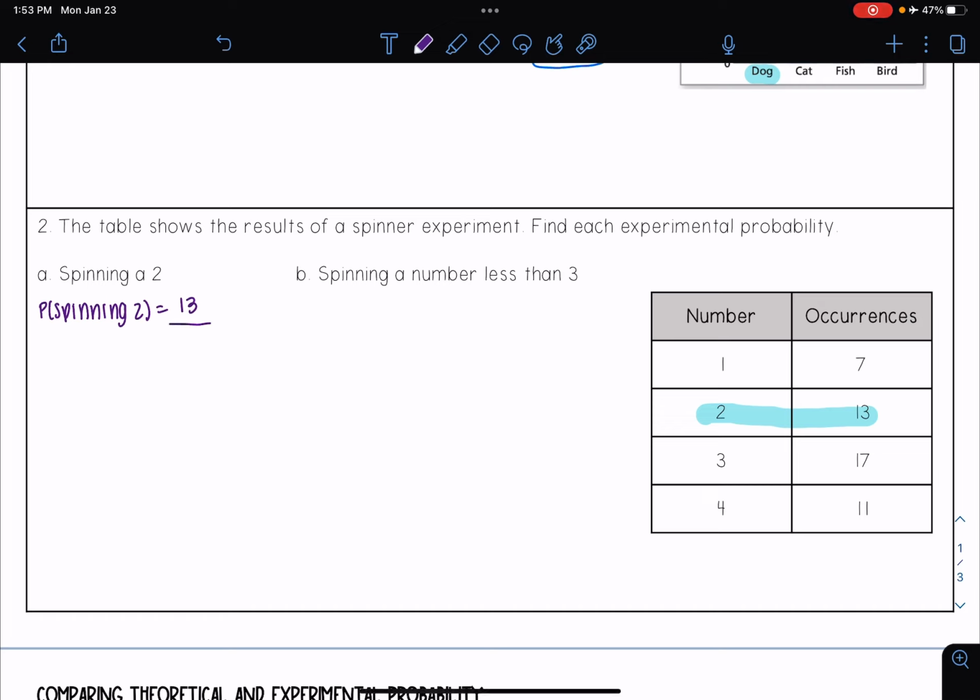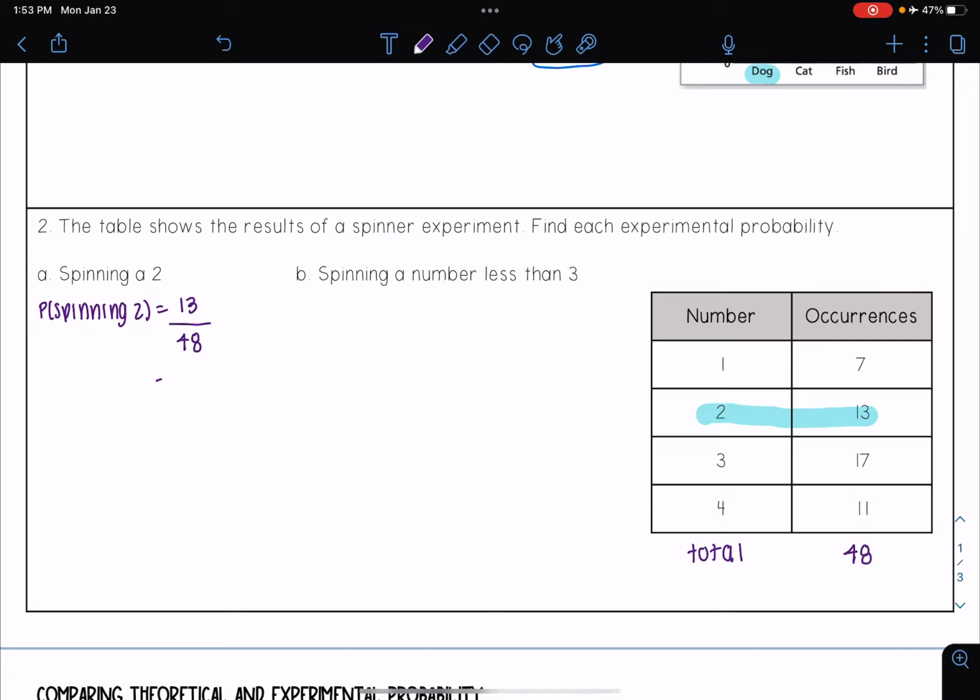And so I have all of these total occurrences for each number, so I can find the total by adding all of those up. So when I do 7 plus 13, I get 20, and then 20 plus 17, I get 37, plus 11, and you get 48.